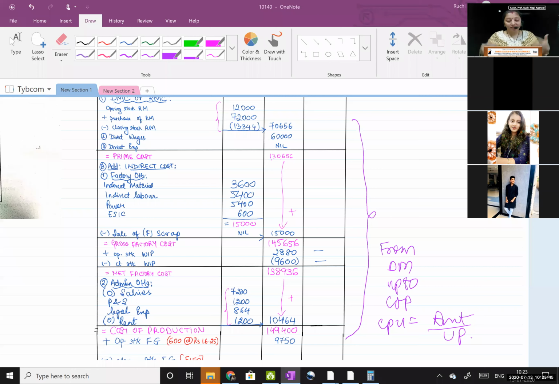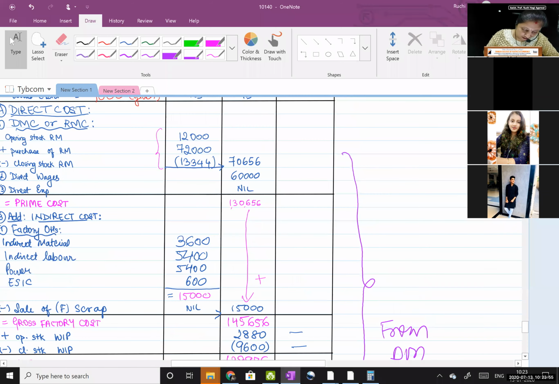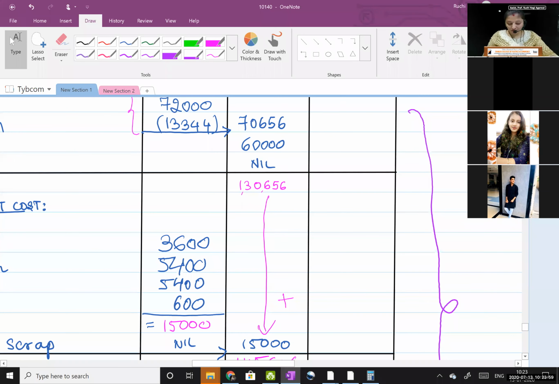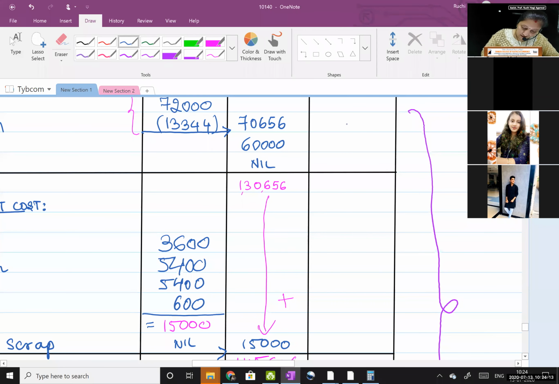So now let us apply it. Let us see how to calculate it. Don't forget, how much is my units produced? 9,600. So all figures will be divided by 9,600. First start with raw material. Raw material is 70,656 divided by 9,600, that is 7.36.